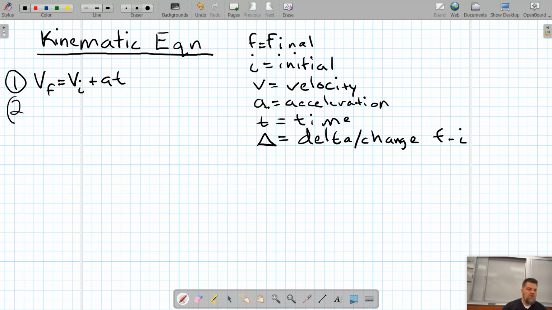Another equation that we have is that delta x, the change in position, is equal to, in parentheses, v final plus v initial, squared. No, they wrote that wrong.